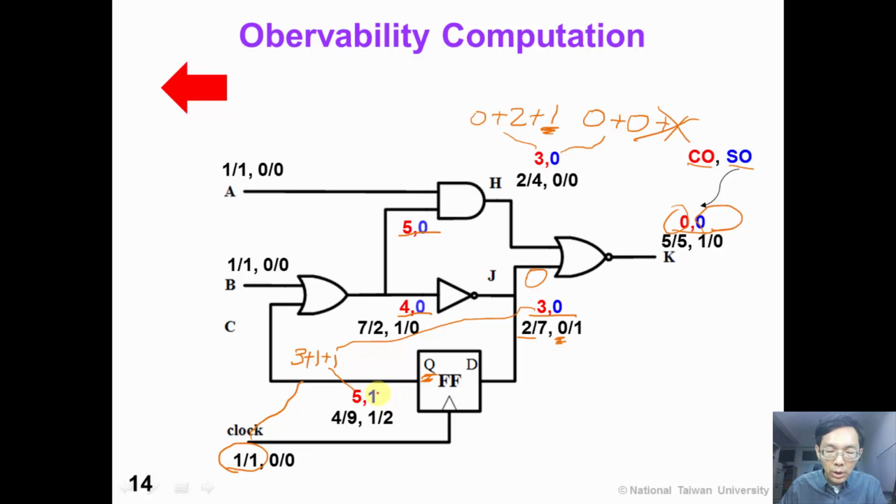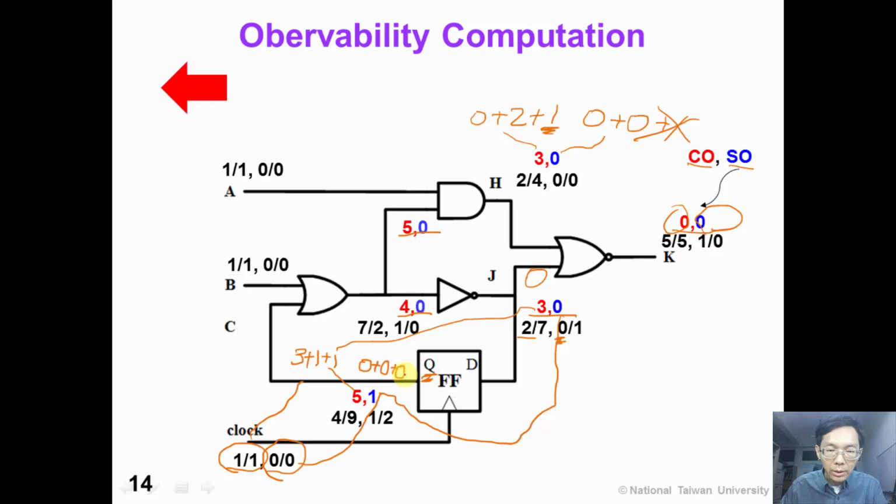And the sequential observability of the flip-flop output Q is equal to the sequential observability of input D, which is 0, plus the sequential controllability of the clock, which are both 0.